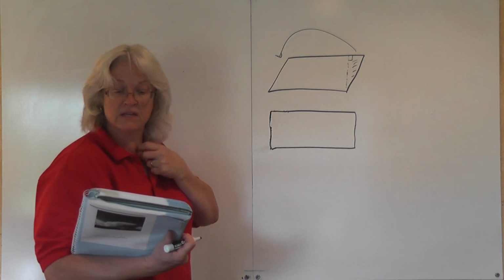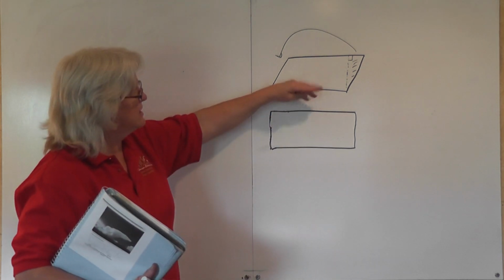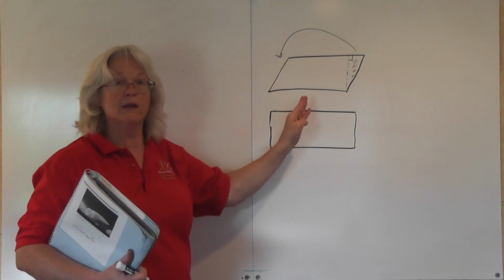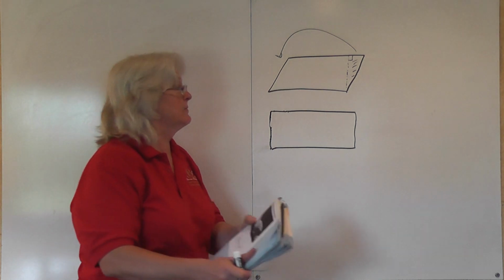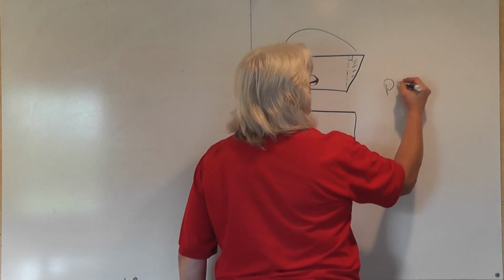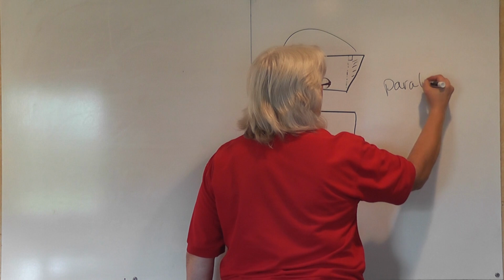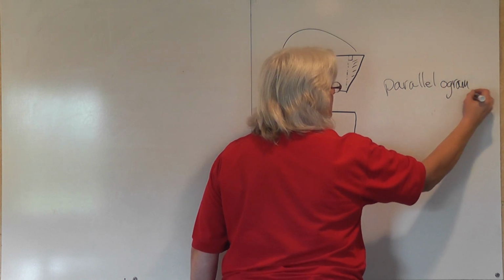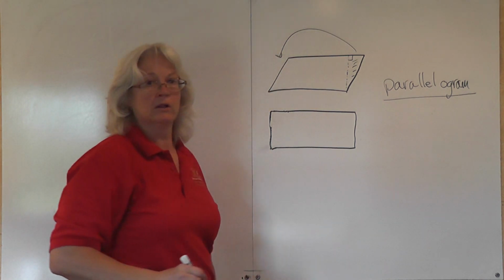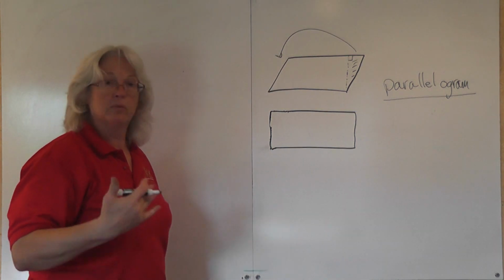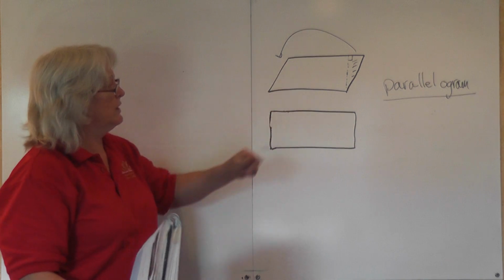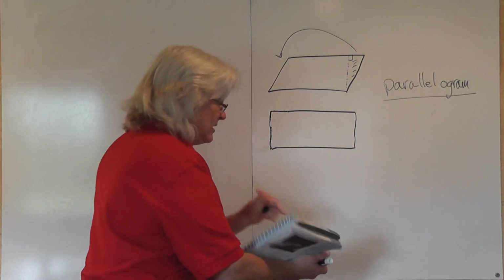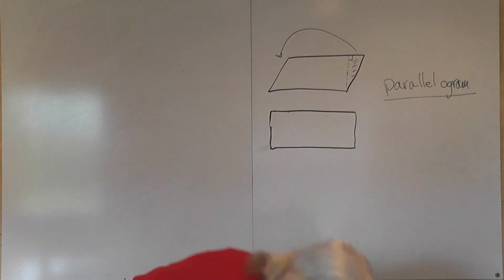Now, instead of having 2 lengths and 2 widths, with a parallelogram, and let me write this out for you, parallelogram, it's one word, we don't talk of it as having length and width. We talk of a parallelogram as having a base and a height.